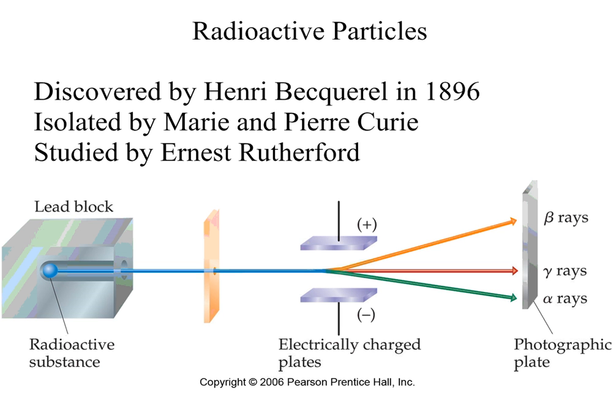What he found was that the photographic paper that had been concealed from the light had actually been exposed. So something must have been able to penetrate the envelope and expose the film. So he was able to discover radioactive particles.